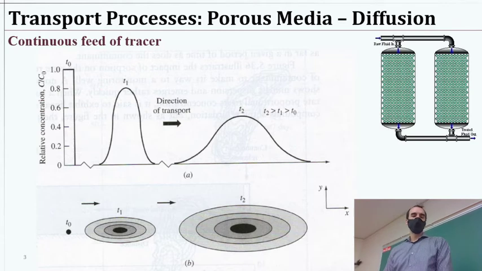Okay, if we had a continuous input into some system, here we're looking at the C over C naught again, so the portion that has come through, and we're transporting this stuff along some axis, then one thing we could take a look at is if we add the tracer, so T naught, here we have C over C naught is 1, so everything we've got is coming through, or we're measuring it right there.